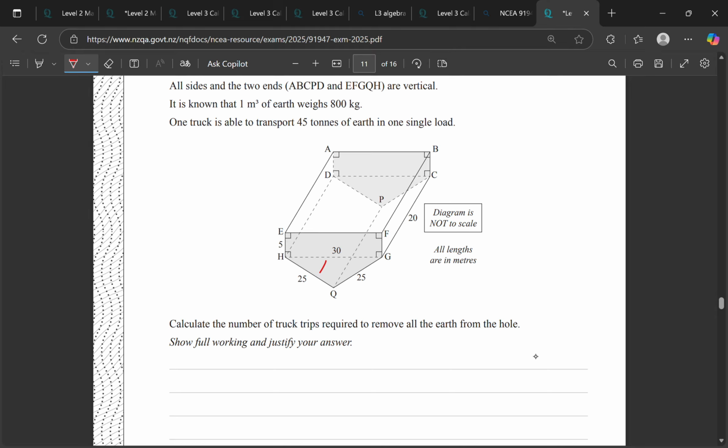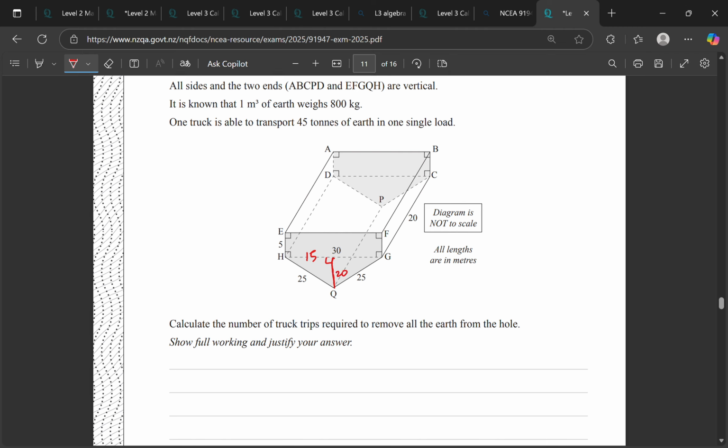So we need a height. I see height is right there. So it's a right angle triangle. So hypotenuse is 25, base is half of 30, so it's 15, right? So if you use Pythagoras' theorem, it's going to be 20.